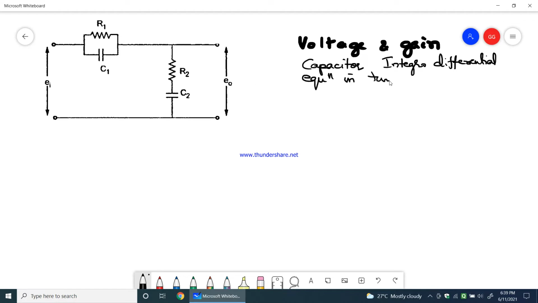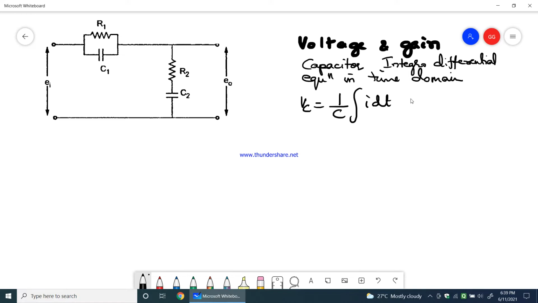For example, the voltage across the capacitor is 1 over C integration of i dt. This is the normal formula for the voltage across the capacitor.